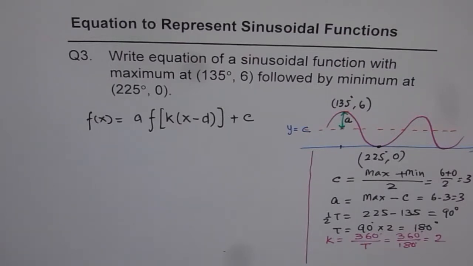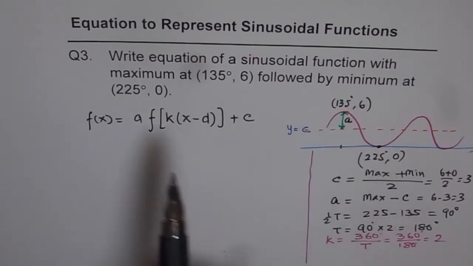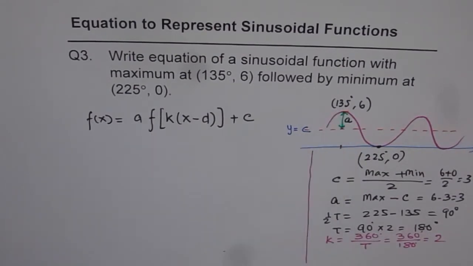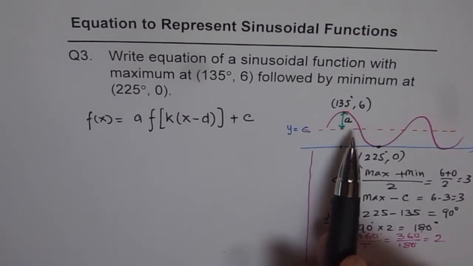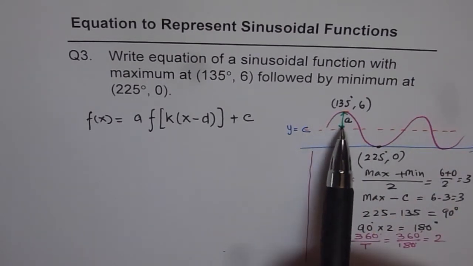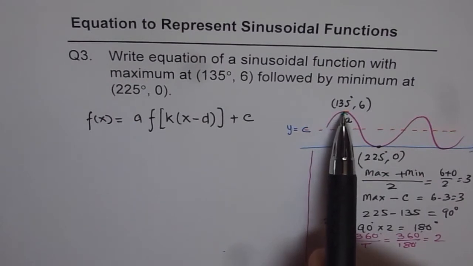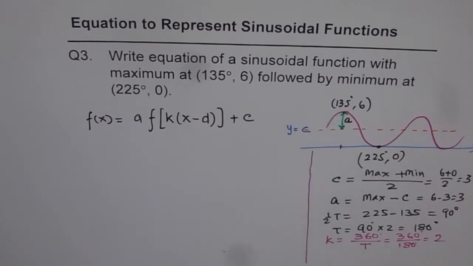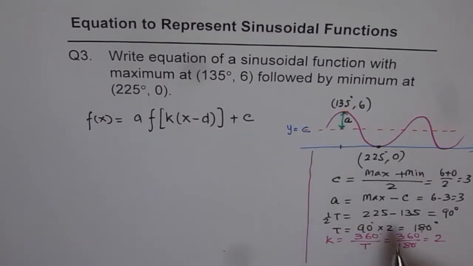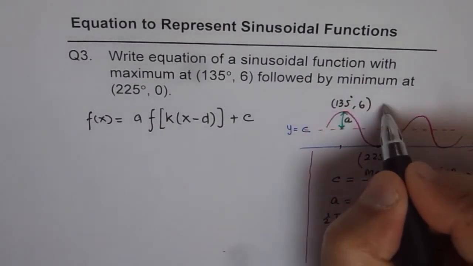We can write this as a cosine function with 135 as our phase shift. We use this since the maximum is given to us. The reason is that the phase shift is easy for us, since the first maximum is given at 135. So we'll utilize this maximum to write the value of d, and say d equals 135.